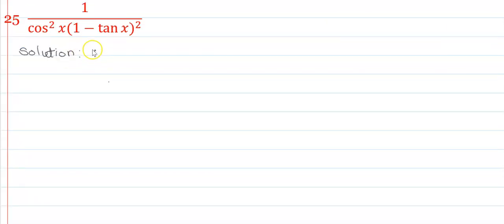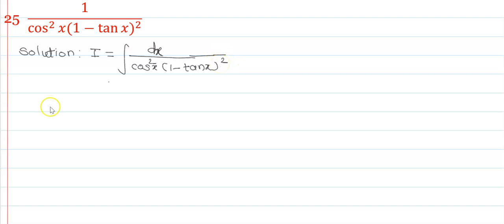Next, I is equal to the integral of dx upon cos square x in bracket (1 minus tan x) bracket square.